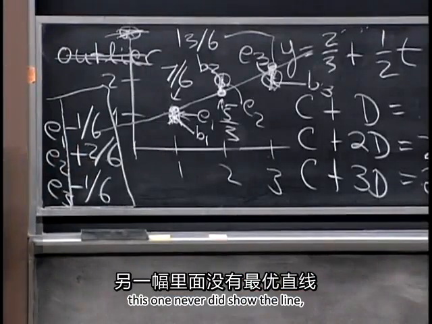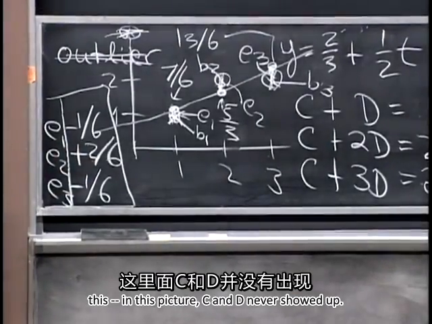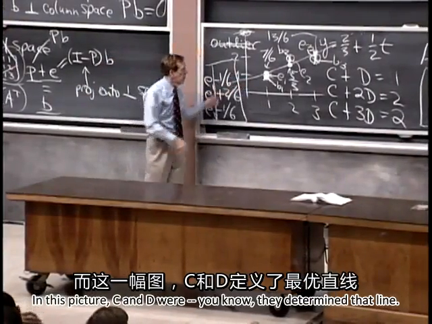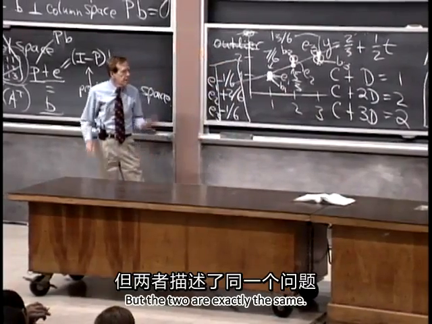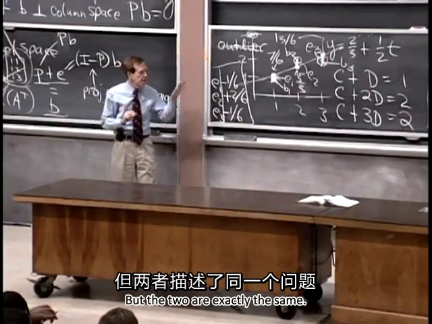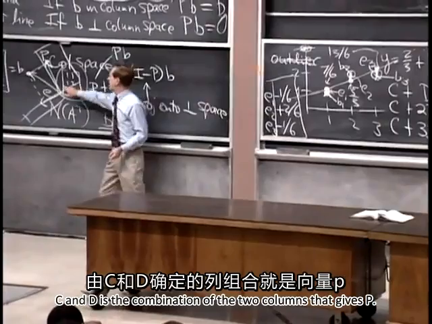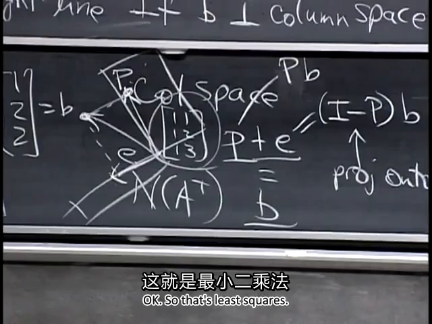This one never did show the line. In this picture, C and D never showed up. In this picture, C and D determined that line, but the two are exactly the same. C and D is the combination of the two columns that gives P. Okay.